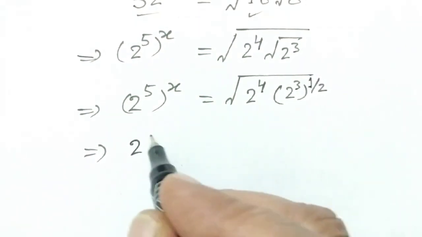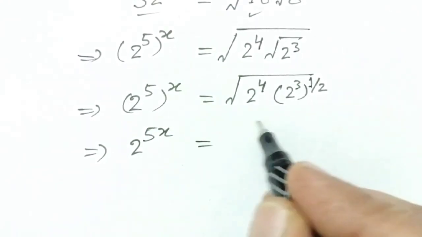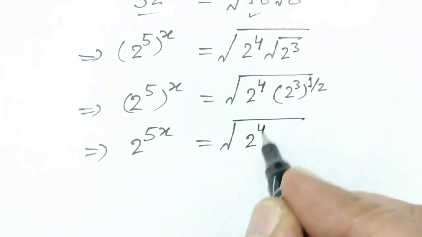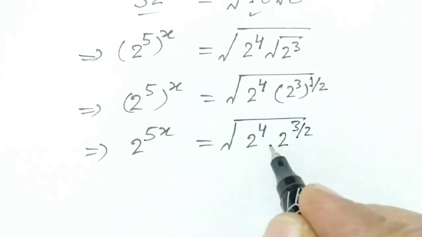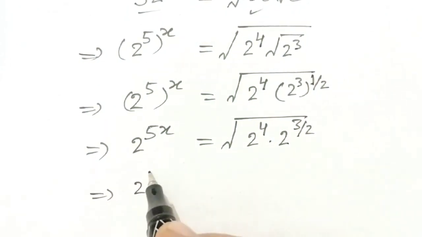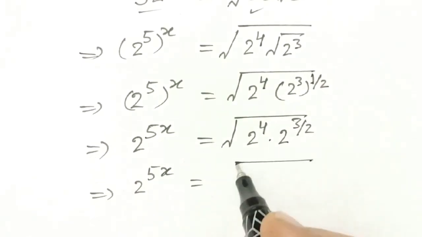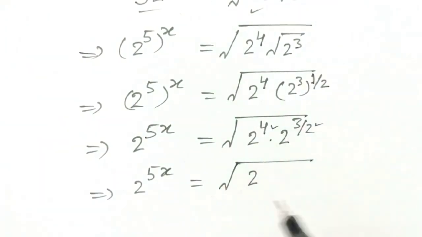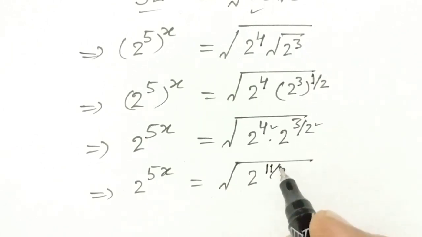So 2 to the power 5x is equal to 2 to the power 4 into 2 to the power 3 by 2, right? So 2 to the power 5x is equal to square root of 2 to the power this plus this, 11 over 2, right?